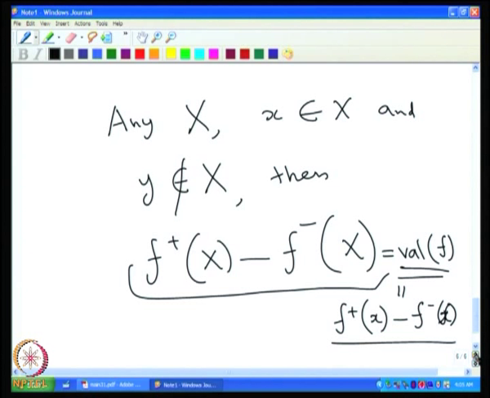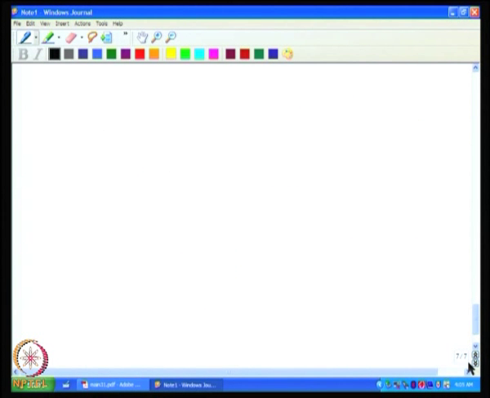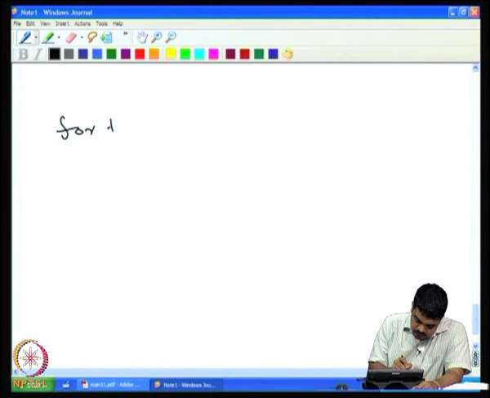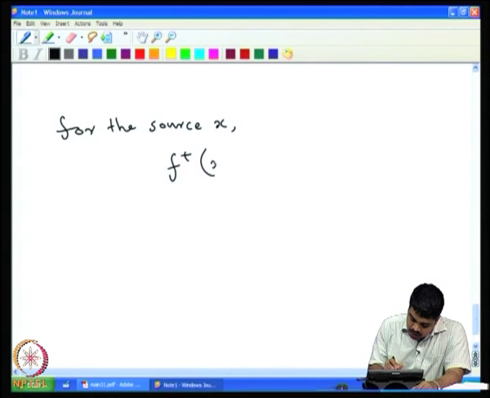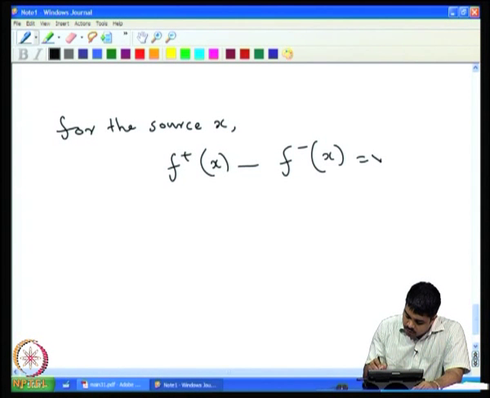That is because, if you take the source x, we have f plus of x minus f minus of x equal to value of f. This is by definition, the way we have defined value of f.